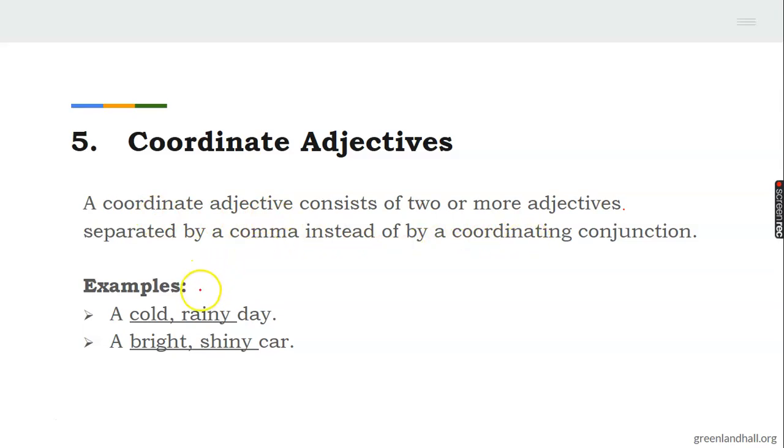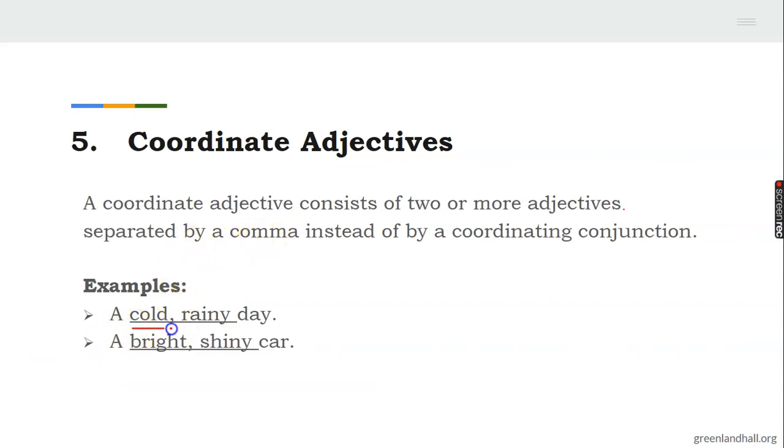So let's look at one. Instead of using conjunction, we make use of comma. Look at the example of a coordinate adjective. A cold, rainy day. Remember we said a coordinate adjective consists of two or more adjectives. It can be more than two, but they are separated by a comma.